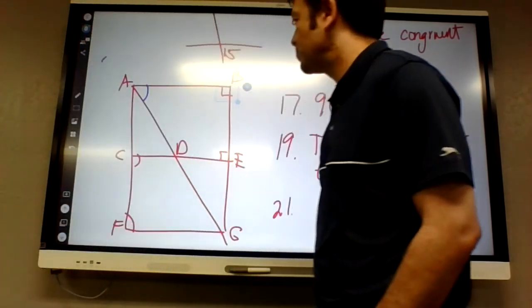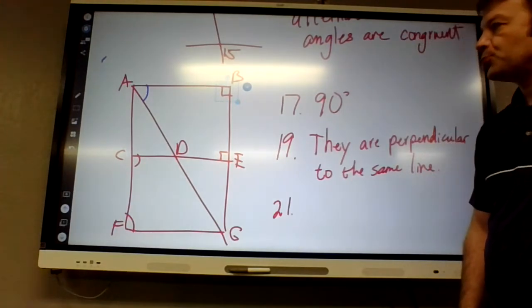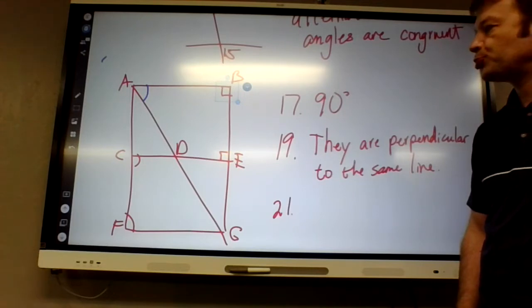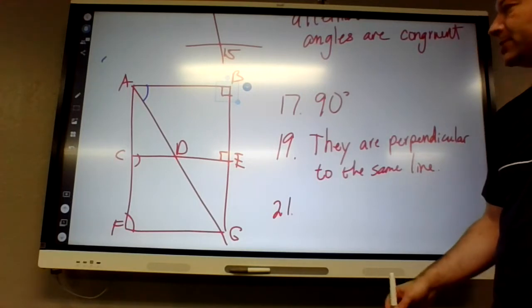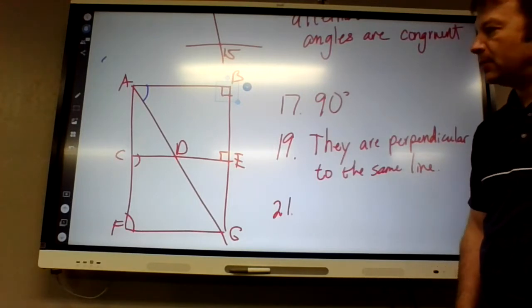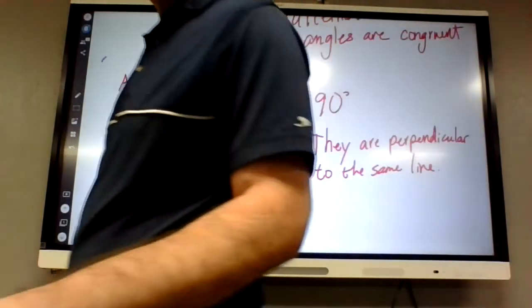What FGD? If we know that the top line and the bottom lines are parallel, then that would be one, yes, but do we know that?